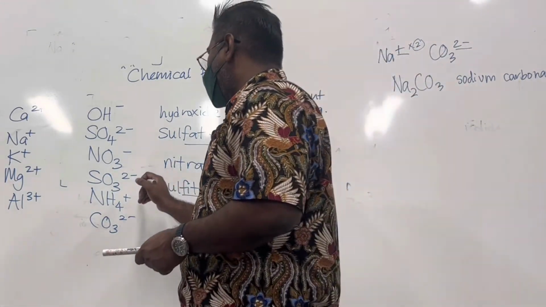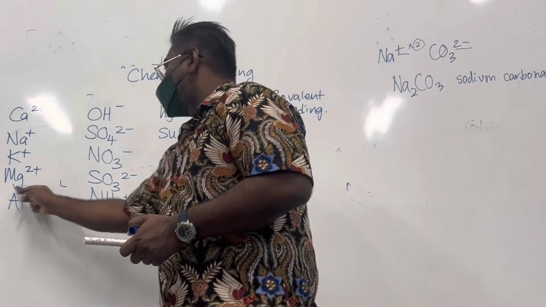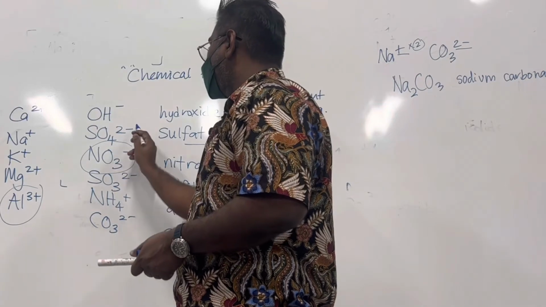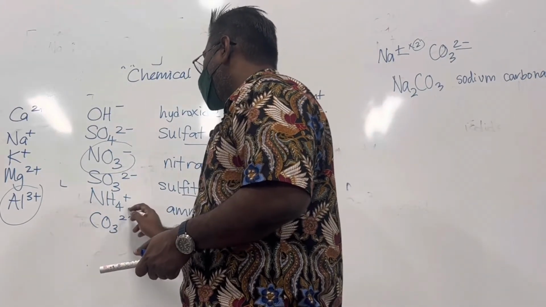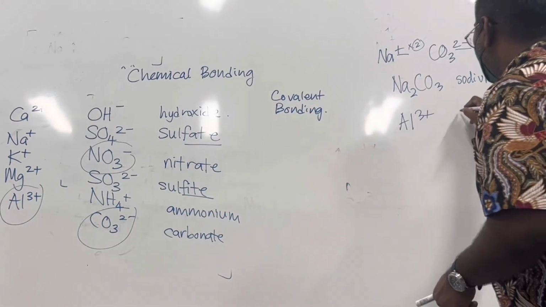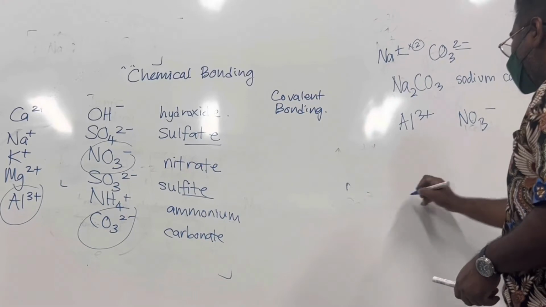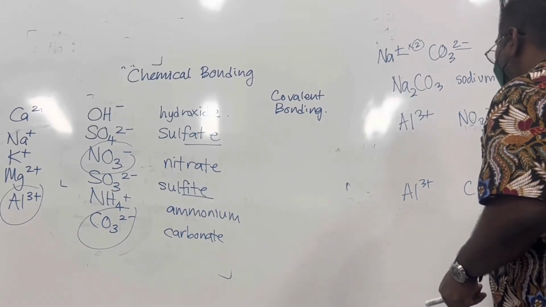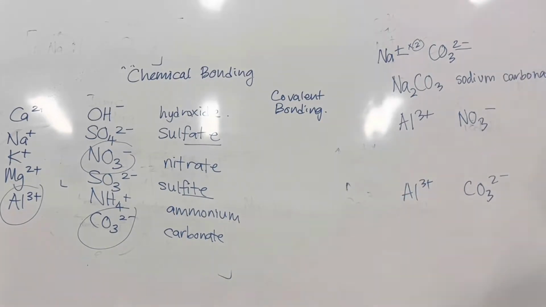Maybe we try aluminium with the easy one, and then with the difficult one. Okay, so Al3+. 3+ and 3-, so times by 3. You want to get plus 3 and minus 3.